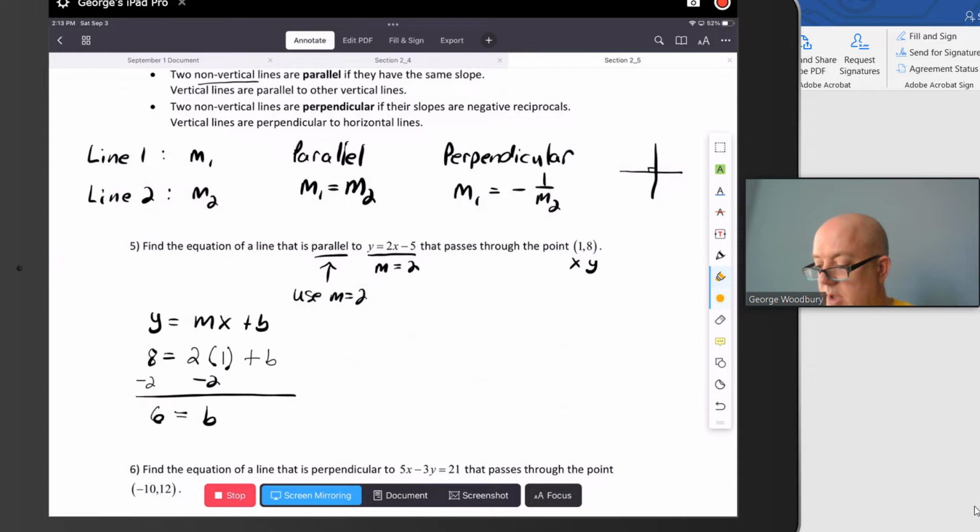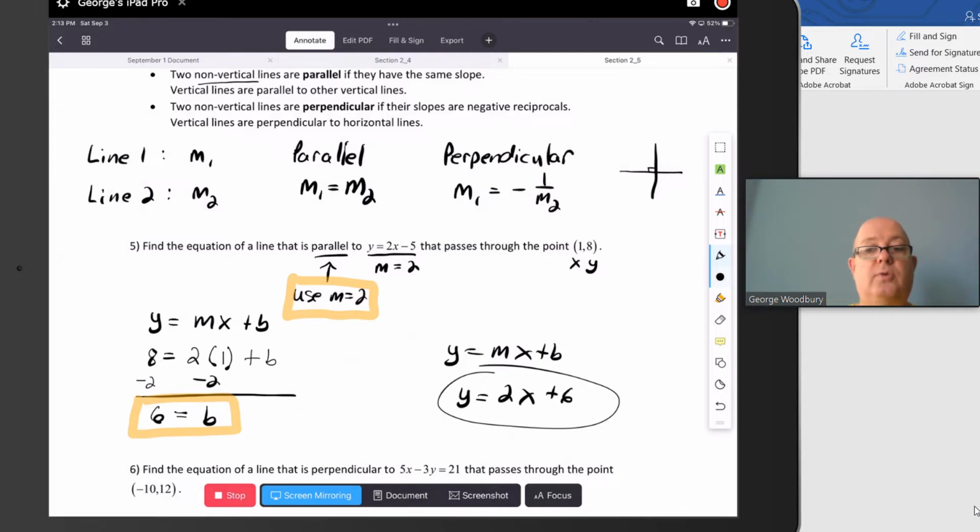So I had a slope. I found the y-intercept. I can write the equation of the line using mx plus b form: y equals 2x plus 6, putting in 2 for the slope and 6 for the coordinate of the y-intercept. So notice that line is parallel.